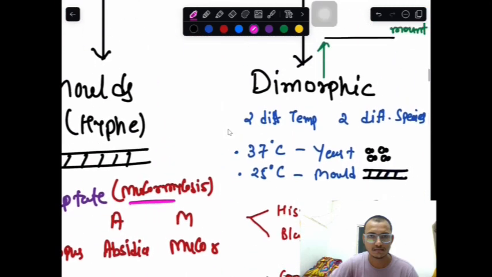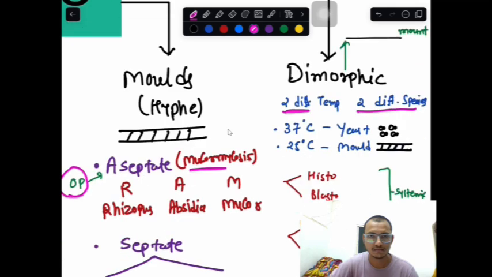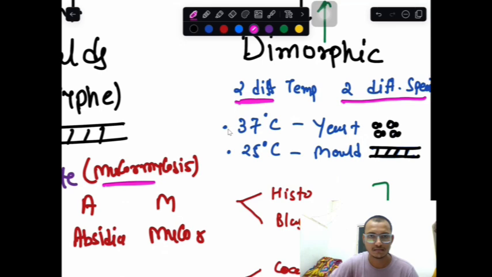The third type is dimorphic. Dimorphic means at two different temperatures there are two different forms. The normal temperature of our body is 37 degrees Celsius. At 37 degrees Celsius they look like yeast, round, when they come into our body.